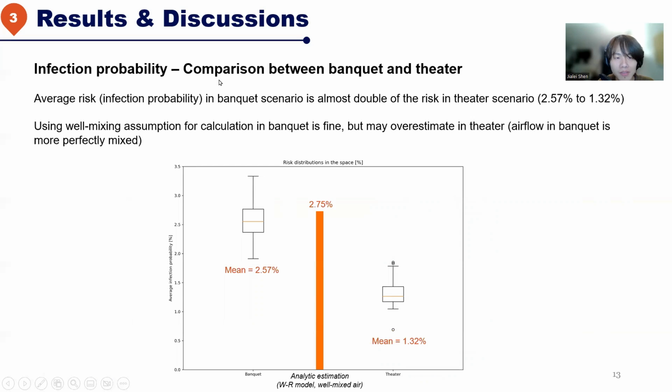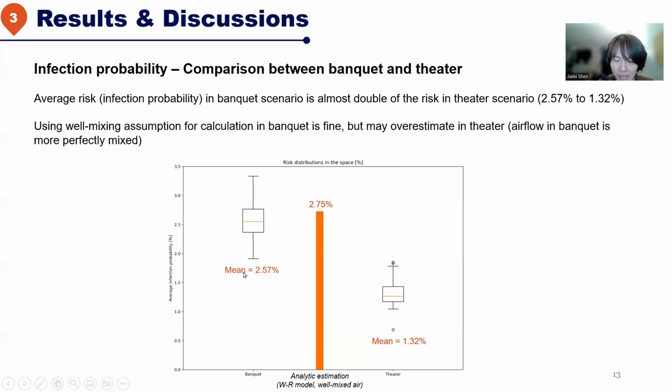Then some comparison between the banquet and the theater scenarios. These are the box plots for these two scenarios, and we know that the infection risk for banquet is higher than the risk in the theater scenario.